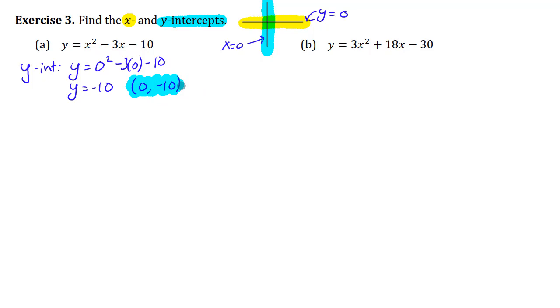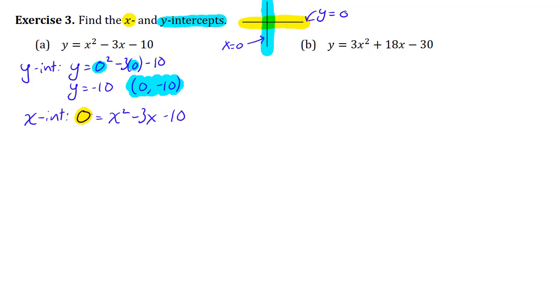Okay, now the x-intercepts are going to be where y is 0. So I'm going to replace the y with 0. Instead of plugging in x equals 0, we're plugging in y equals 0. And then we have x squared minus 3x minus 10. So this is a quadratic equation we have to solve to see what values of x make this true.